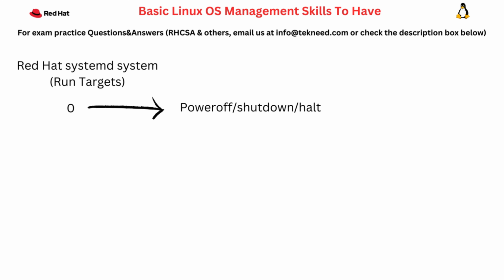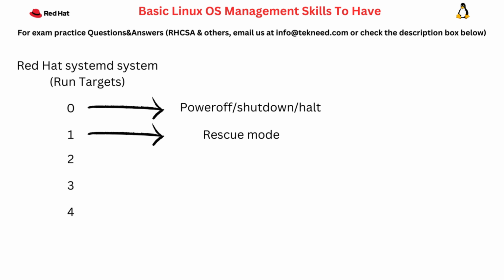Another run target we have is 1, and that is the rescue mode or rescue shell. This mode is known as the single user mode in the SysV init systems, and we have run target 2, run target 3, and run target 4.